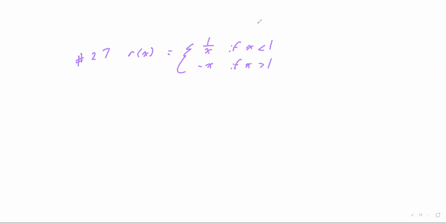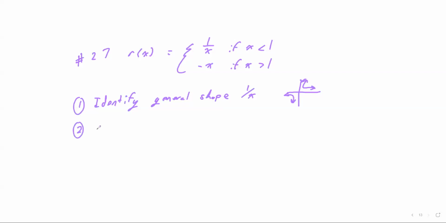So a lot of the questions are a 3-part question. It's going to ask you to identify the first equation, or the general shape of the first part. So 1 over x. In this case, I know the general shape looks like this. Part 2 is going to ask you to identify the second part of the shape.